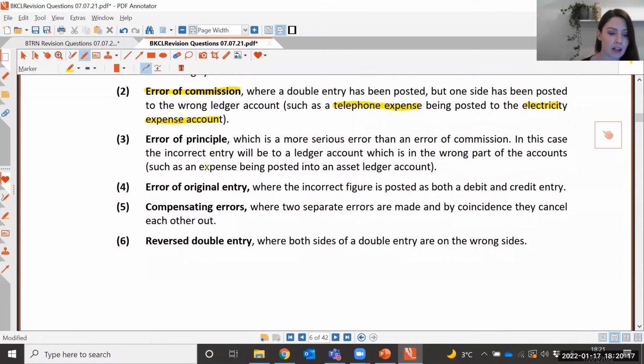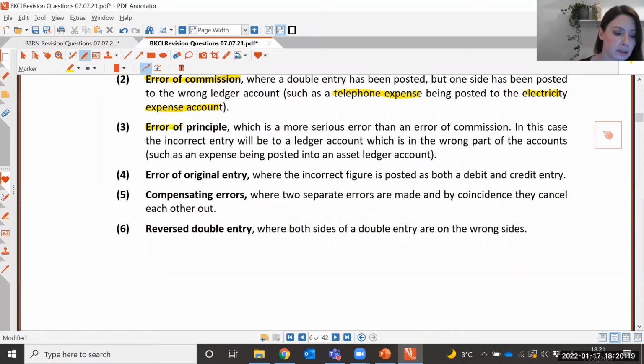And then error of principle. So error of principle is where the totally wrong type of account has been used. So it could be that an expense is posted to an asset account instead.